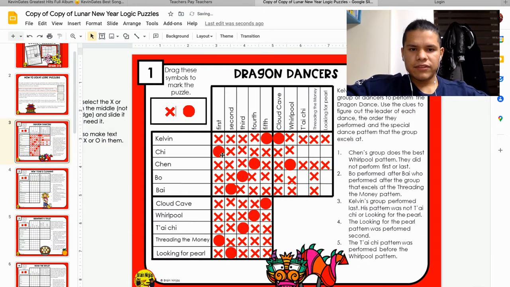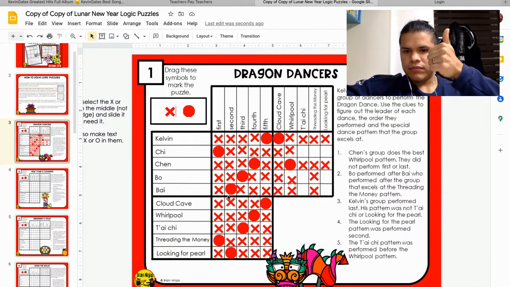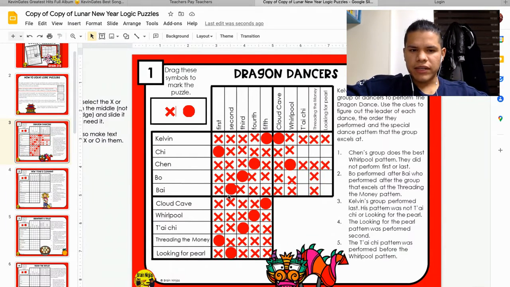So we have Chai, Bai, Bo, Chen, and Kelvin. Remember, Chen's group did not go first or last. That's true. Bo performed after Bai. That's true. And Bai performed after the group that excels at threading the money. Well, Bai goes after Chai, and Chai matches with threading the money. So everything looks good so far.